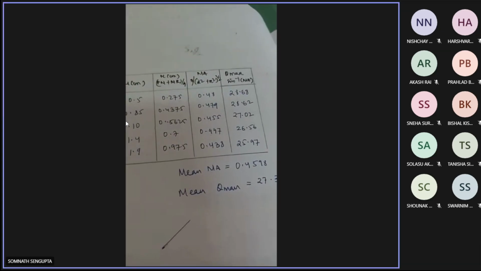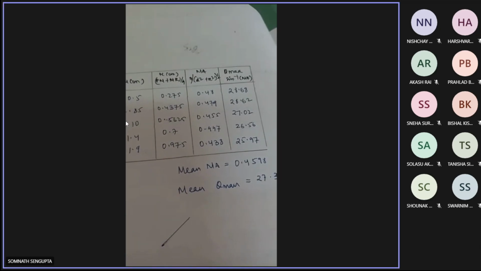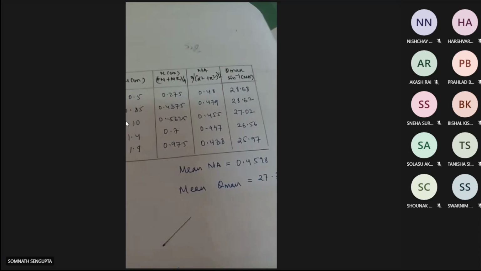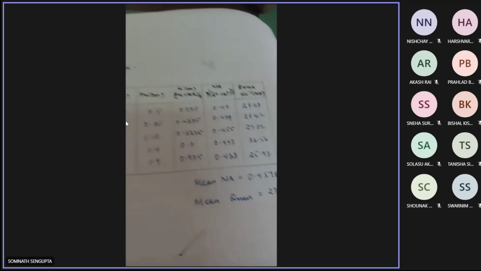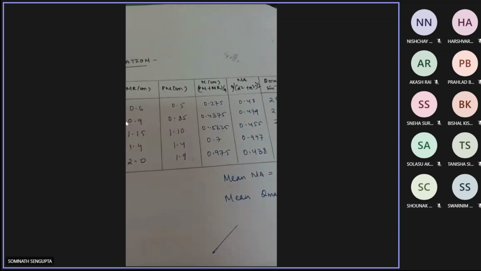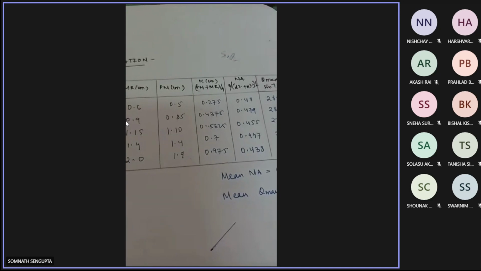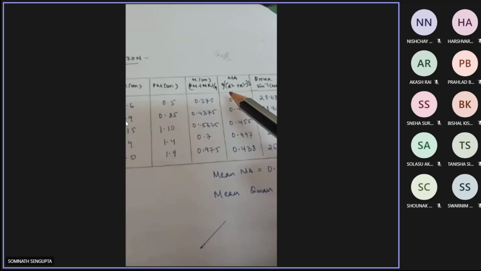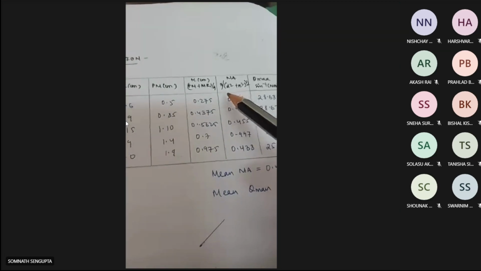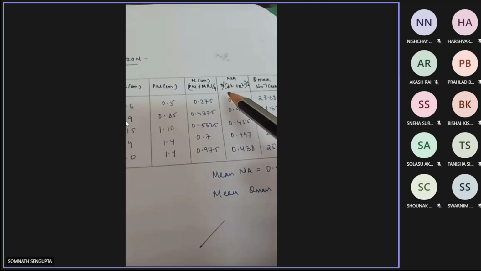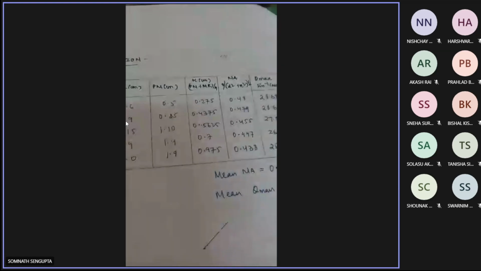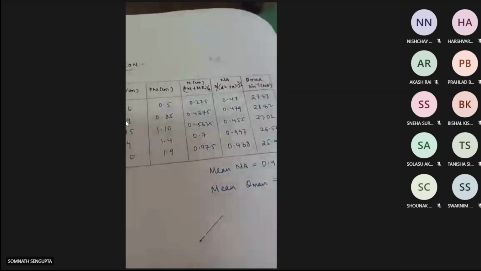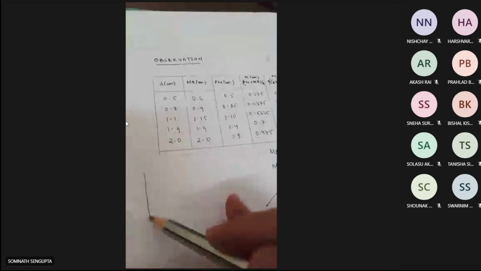trigonometry, sine theta is equal to height by hypotenuse. So this is given there. So it forms one triangle like this.